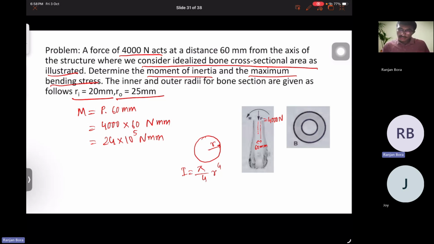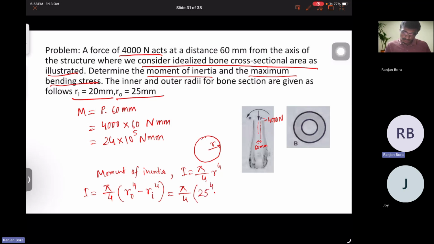Since the cross section is annular, the moment of inertia I will be equal to pi by 4 times (Ro to the power 4 minus Ri to the power 4), which is pi by 4 times (25 to the power 4 minus 20 to the power 4), which will be 181,132 mm to the power 4. This is the value of the moment of inertia.